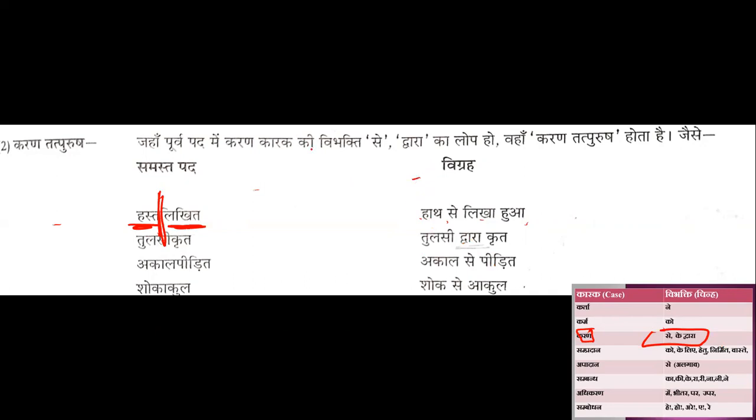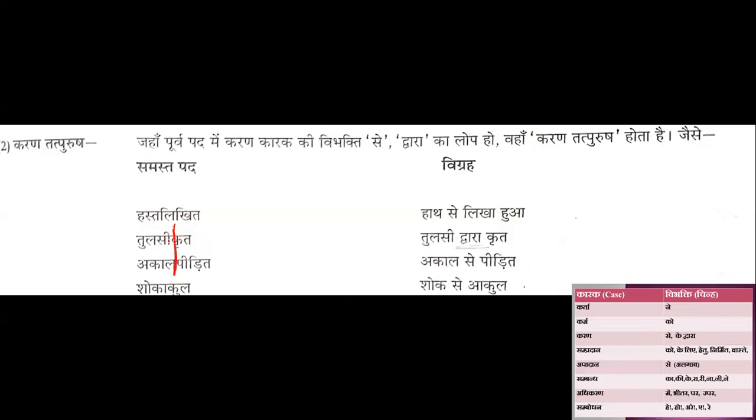You will get the hang of it if you go through examples regularly. If you keep reading, you will know where you have to use se, where you have to use ko. All that depends on how well you practice. Tulsi Krit. The 2 words I can see are Tulsi and Krit. Tulsi is the name of the poet and Krit is made by, done by, curated by.